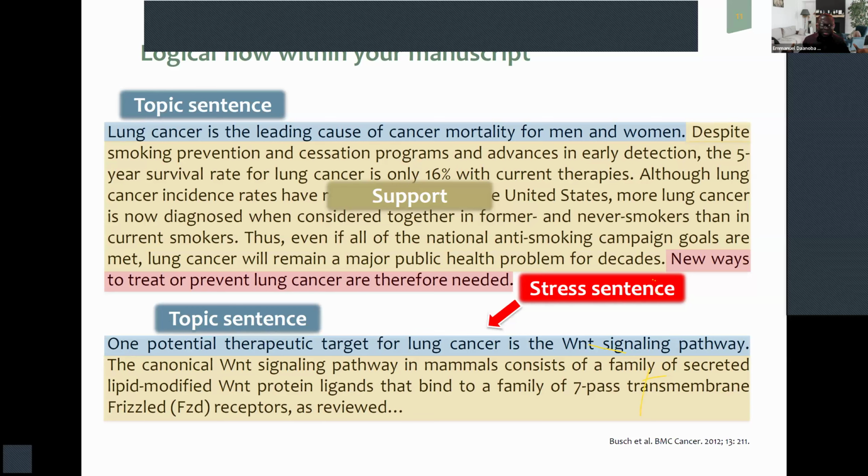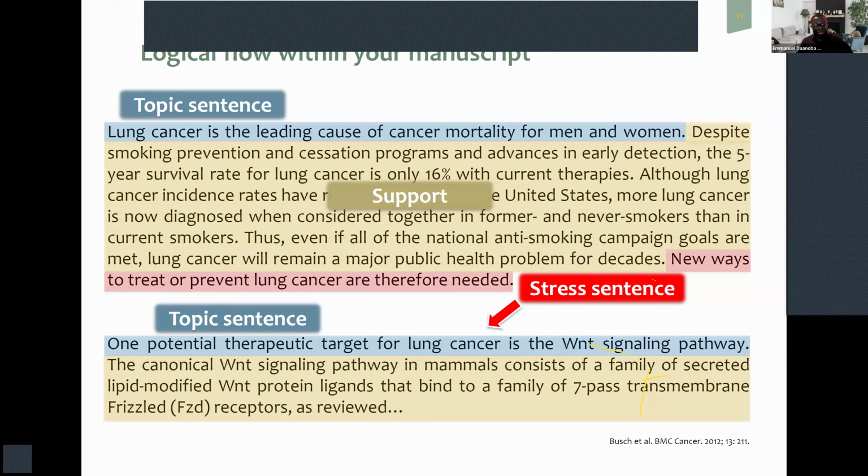You see, there is a topic sentence in the beginning, lung cancer. Then you support it with the effect of it, I mean, or what happens, what induces it, smoking and all that. Then you end with a stress. All right. Look at another one. One potential therapeutic target for lung cancer is the WNT signaling pathway.